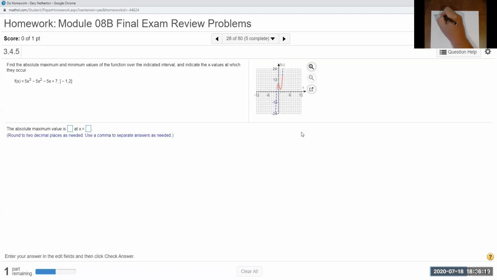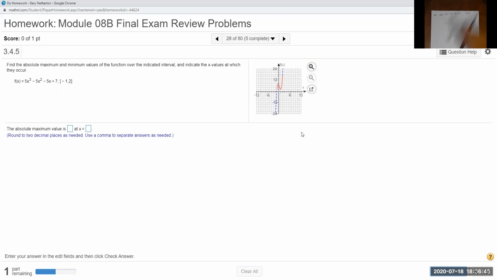So this is 28. f of x equals 5x cubed minus 5x squared minus 5x plus 7, on the interval -1 to 2.